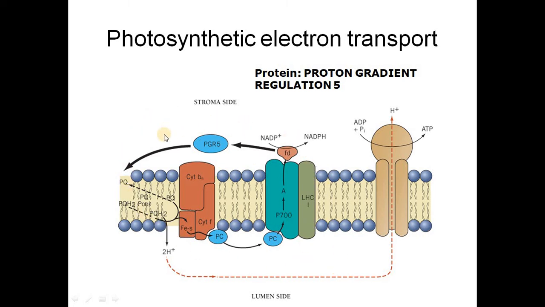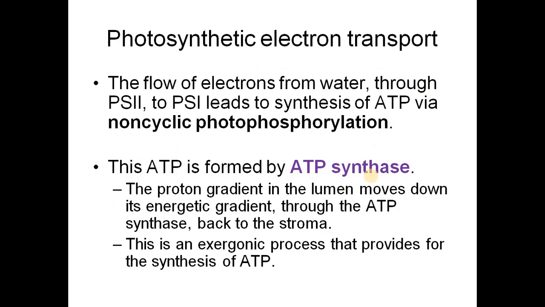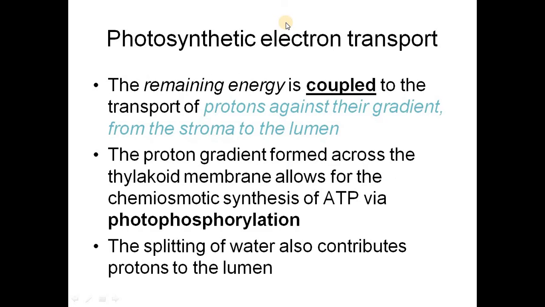It's like a loop inside the electron transport chain, and it can run on its own, so that the proteins can keep pumping hydrogens, and the ATP synthase will continue creating ATP even under low light conditions. So this is called cyclic photophosphorylation.